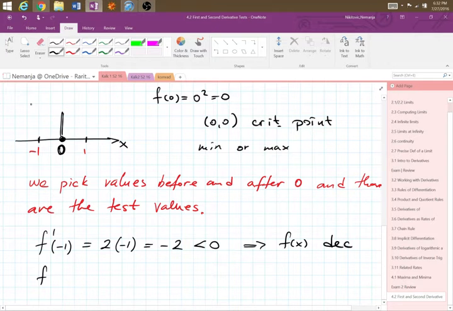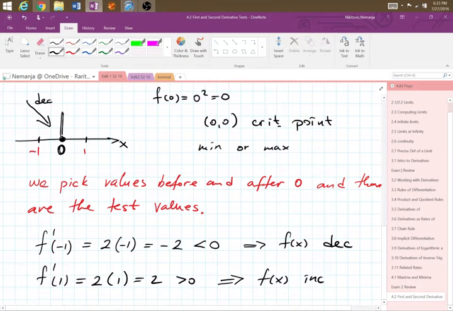You draw a decreasing arrow. f prime at 1 is 2 times 1, which is 2, which is larger than 0, which by our theorem that we have up there says that f of x is increasing, so we draw the increasing piece.